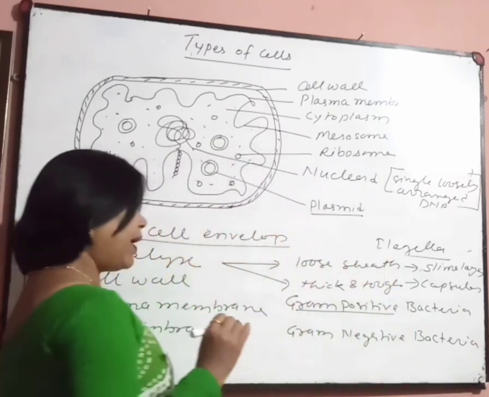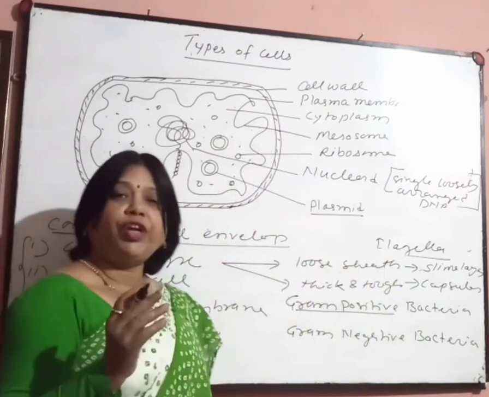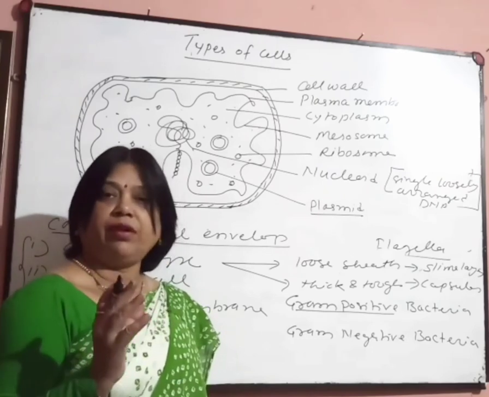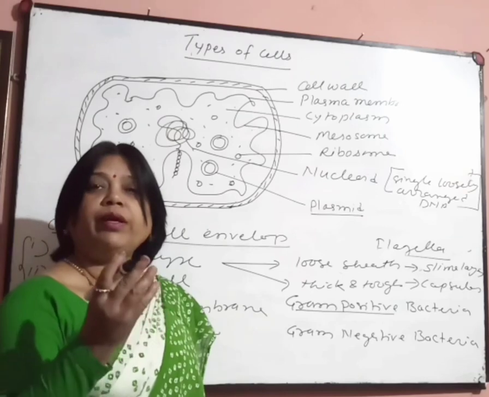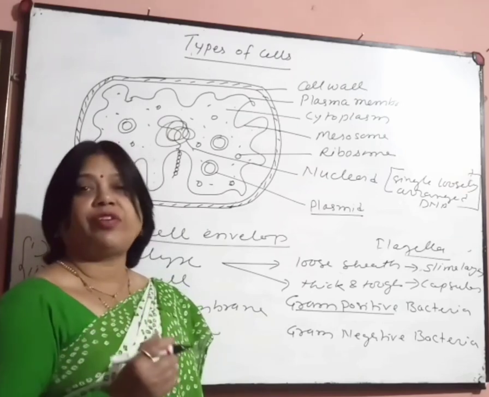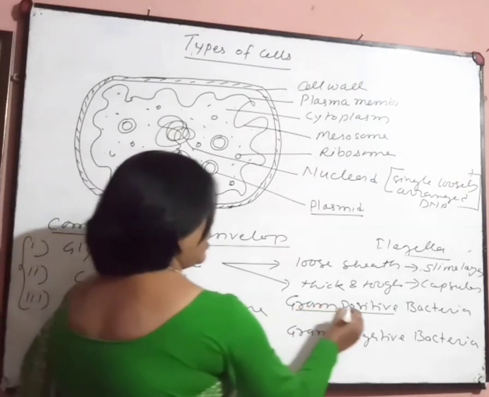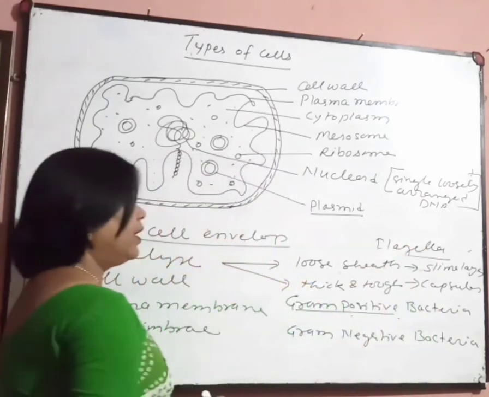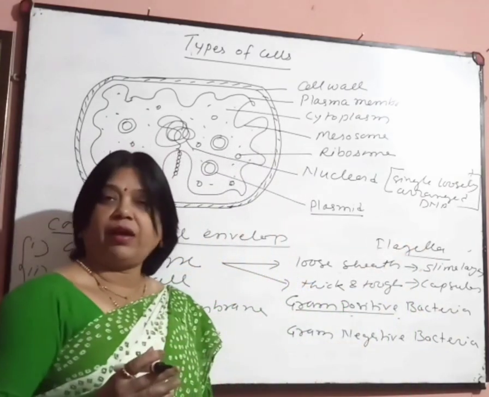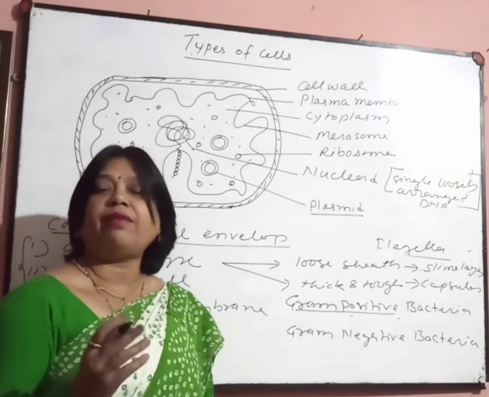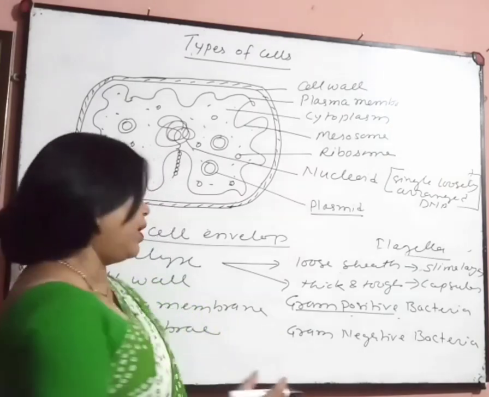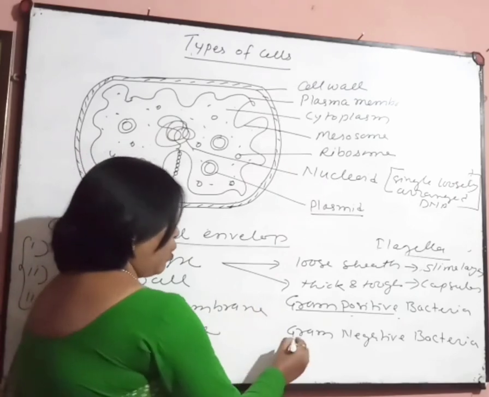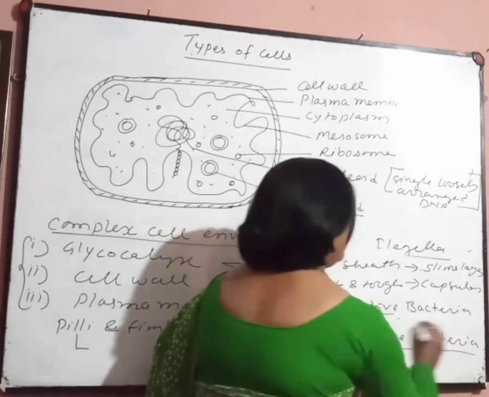The bacteria in which cell envelopes can take up gram stain are known as gram positive bacteria, and those bacteria in which the cell envelope does not take up the gram stain are known as gram negative bacteria.